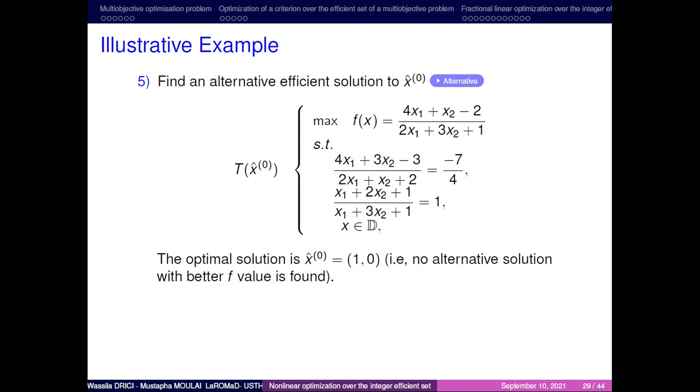The optimal solution is x hat 0 equal to (1, 0). That means that no alternative solution is found. And as f opt is less than f(x hat 0), which is equal to 2 divided by 3, we set f opt equal to f(x hat 0) and x opt equal to (1, 0).